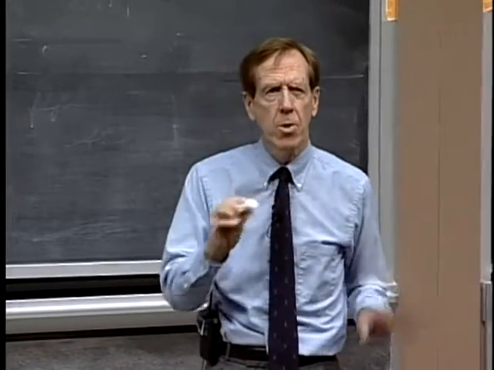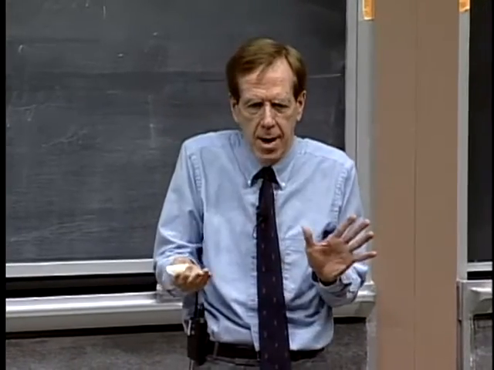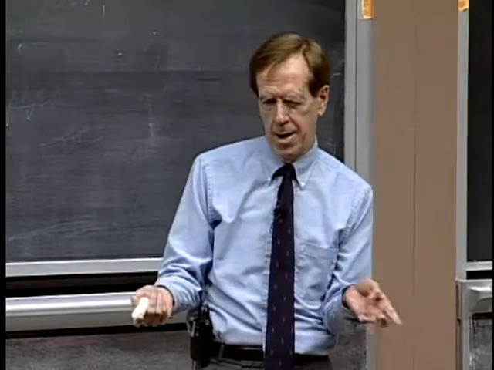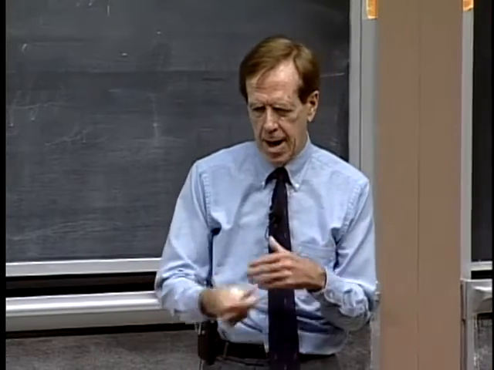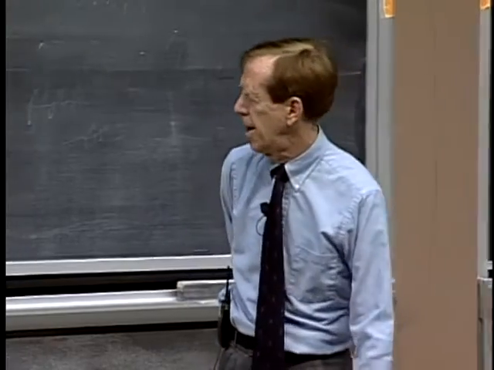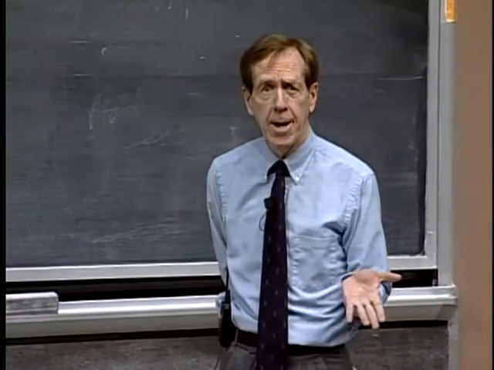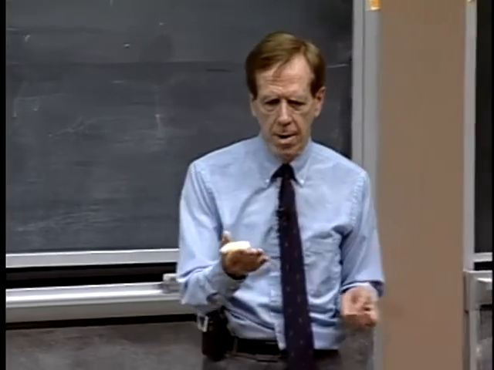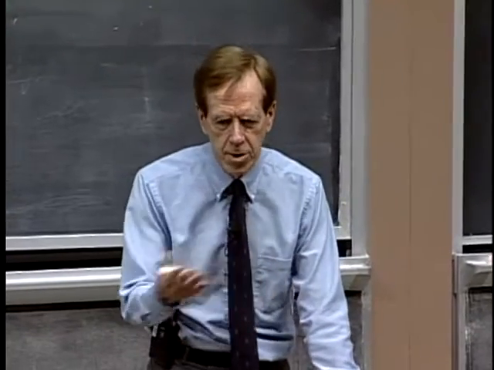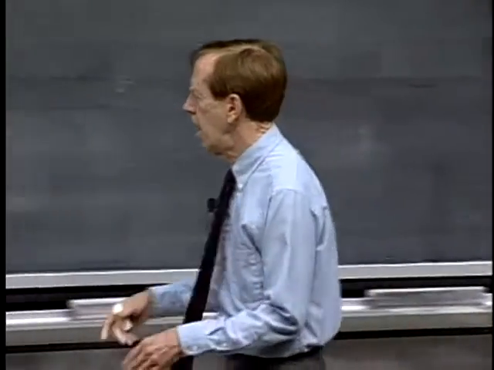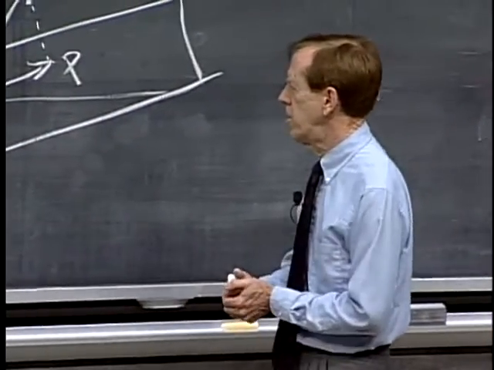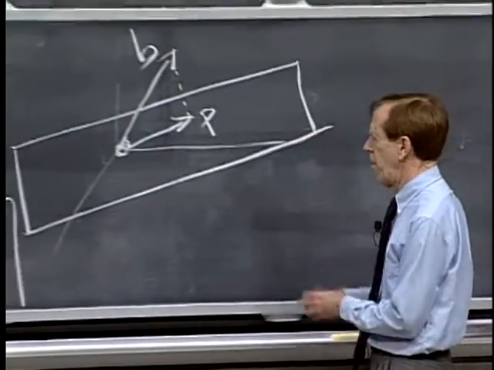Now, first of all, I've got to say, what is that plane? To get a formula, I have to tell you what the plane is. How am I going to tell you a plane? I'll tell you a basis for the plane. I'll tell you two vectors, a1 and a2, that give you a basis for the plane.